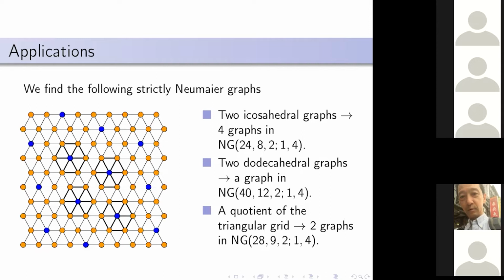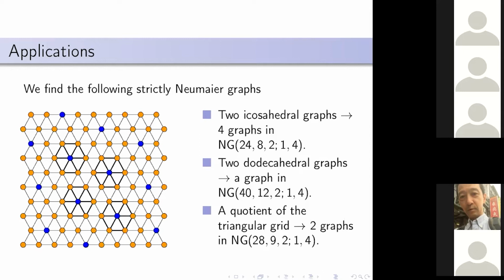So we take the 6 regular triangular grids, and we take a specific perfect code, and then we take its cosets and apply an appropriate quotient function to make 2 non-isomorphic graphs on 28 vertices.